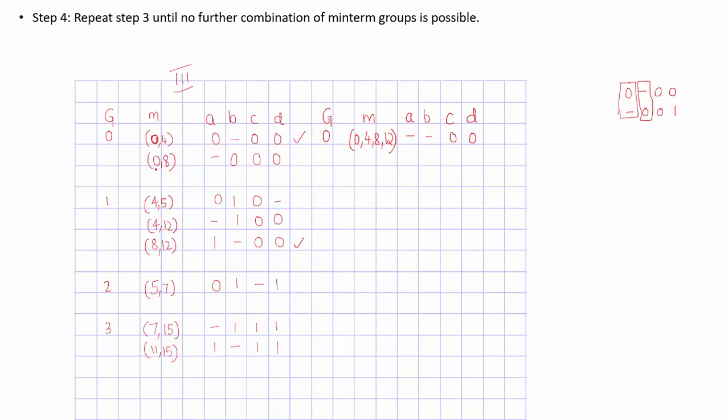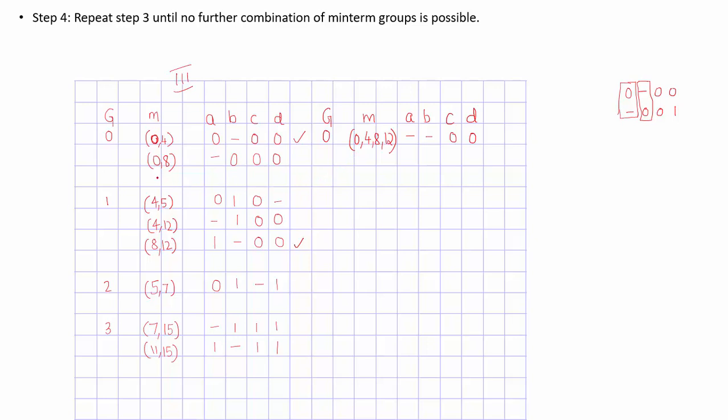Next you will compare 0, 8 with 4, 5. A is dash here and D is dash here. So these two will obviously differ by more than 1 bit. Next you will compare 0, 8 with 4, 12. A is dash here, A is dash here, CD is 0, 0 and CD is 0, 0. Only B is getting changed from 0 to 1.